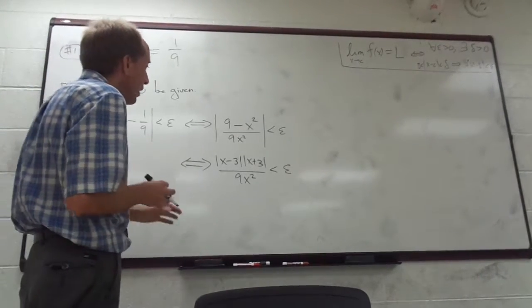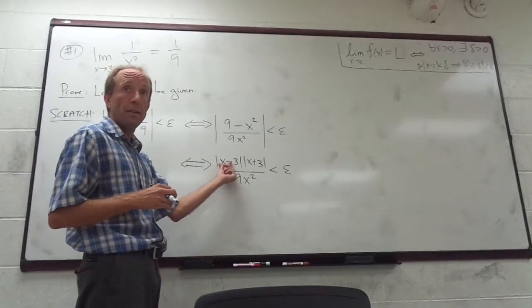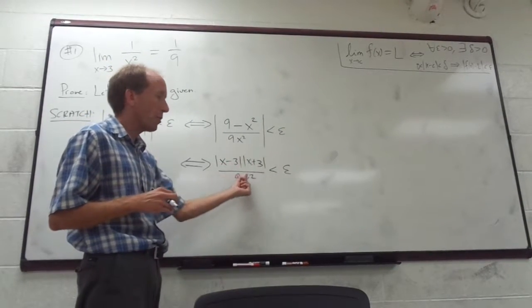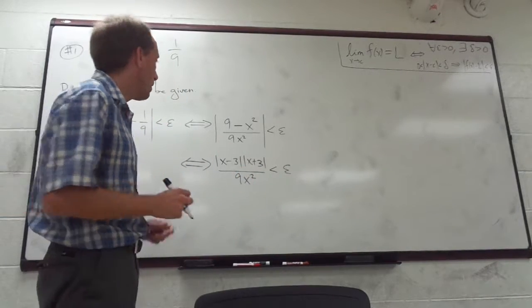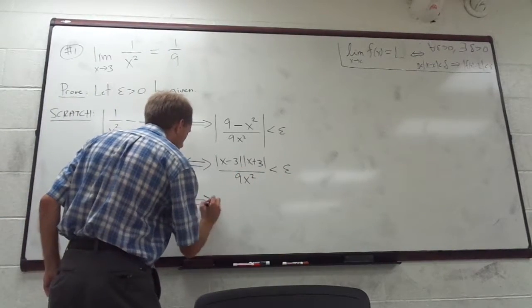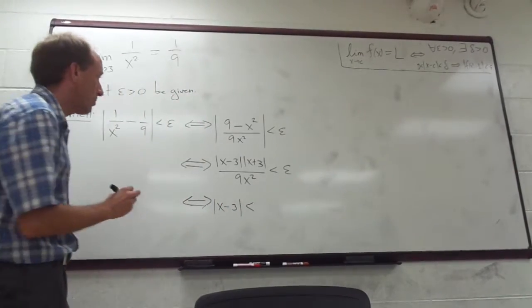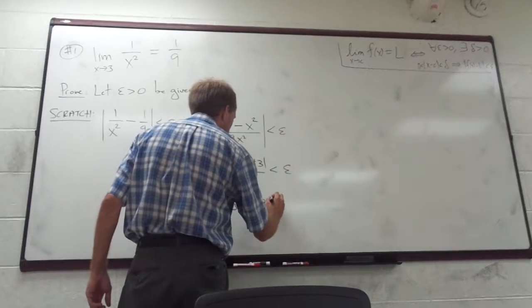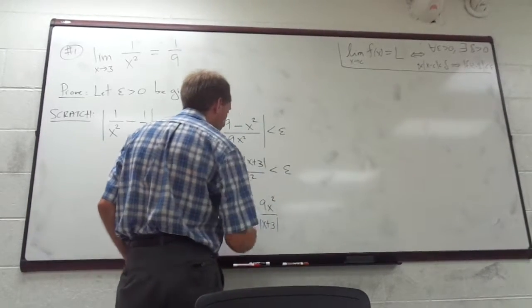Now, the x minus 3 is fine. The rest of this expression, of course, still has the x's in it. So I could try and extract exactly what absolute x minus 3 is less than. It would be 9x squared over absolute x plus 3, times epsilon.